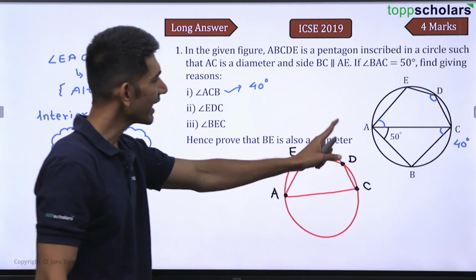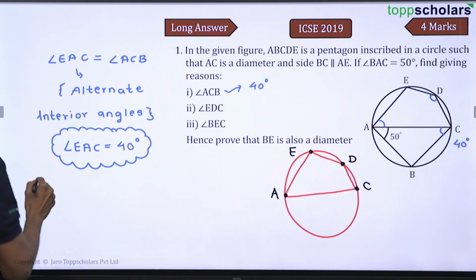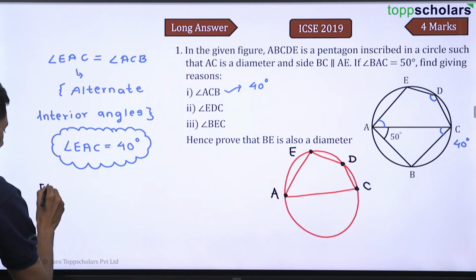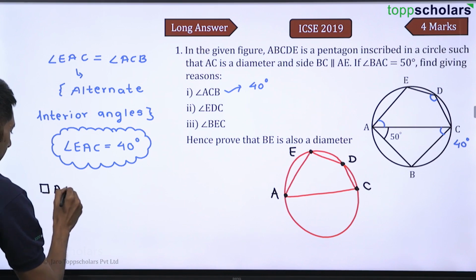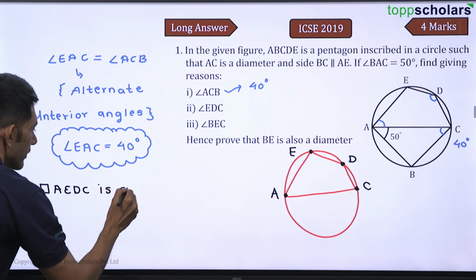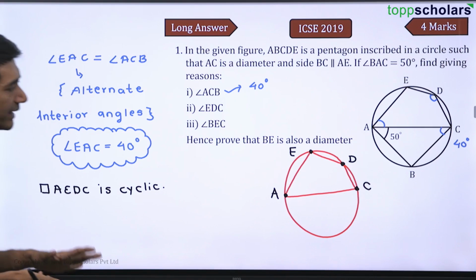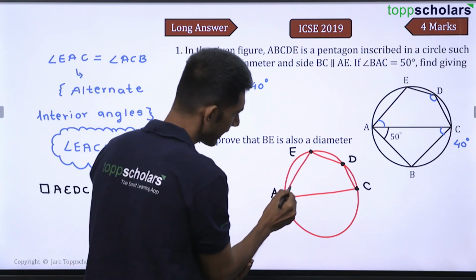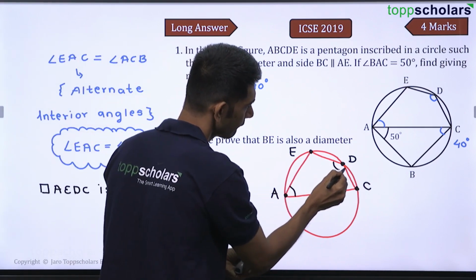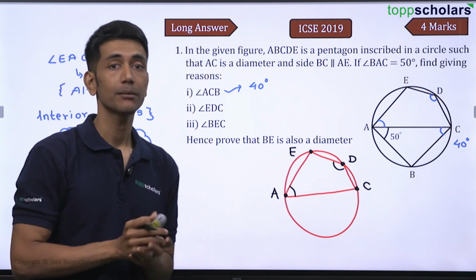So I can say that quadrilateral AEDC is cyclic. And since it is a cyclic quadrilateral, can I say that this angle plus this angle will be 180 degrees? Because opposite angles of a cyclic quadrilateral are supplementary.